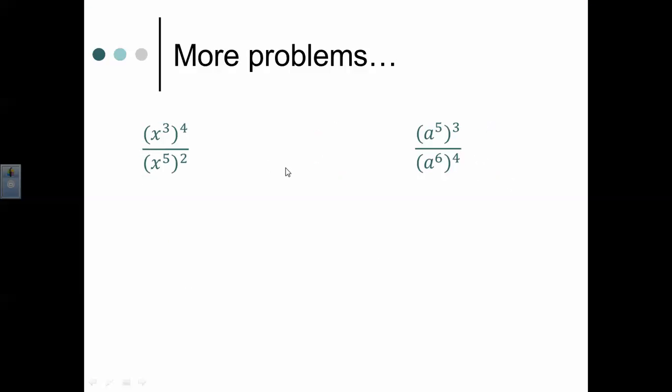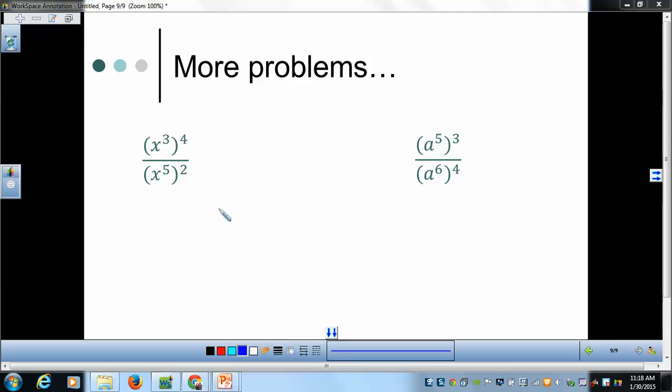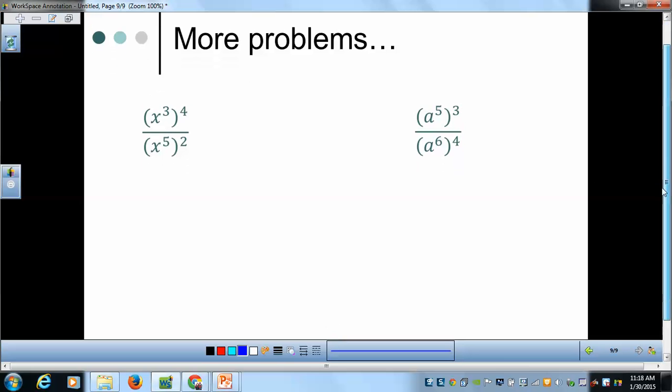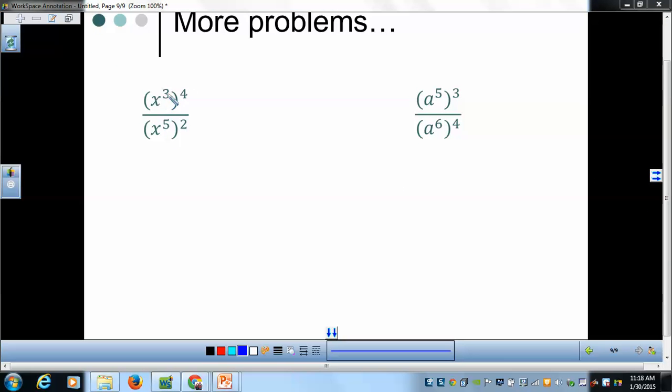Now, let's look at this in the context of a couple more problems, where we're going to incorporate some of our prior properties. Let me pull up my writing screen here. Notice we have to apply the power to a power property before we can do the division. I have 4 groups of 3 x's, so I really am multiplying 12 x's in the numerator.